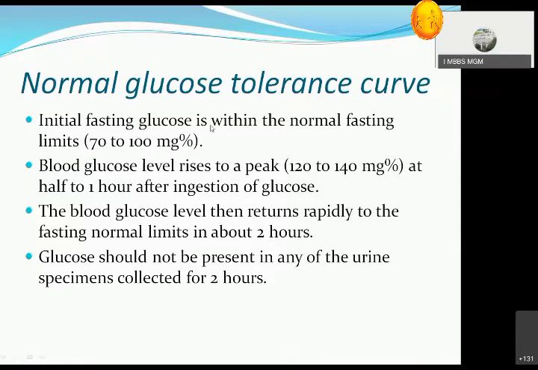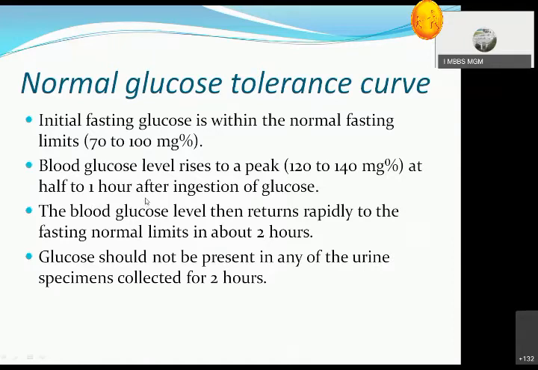These are the requisites for normal glucose tolerance curve. First, the fasting sample should come within normal range, that is within 70 to 100 milligram. There is a peak after ingestion of glucose solution, but that should be below 180, that is below the renal threshold. So blood glucose level rises to a peak up to 120 to 140 milligram percent at half to 1 hour.